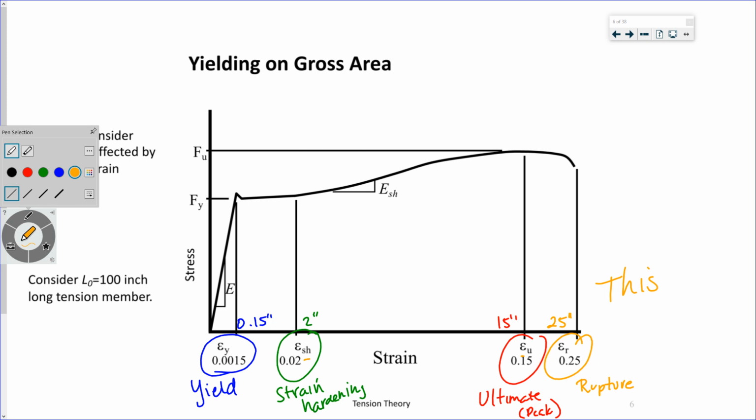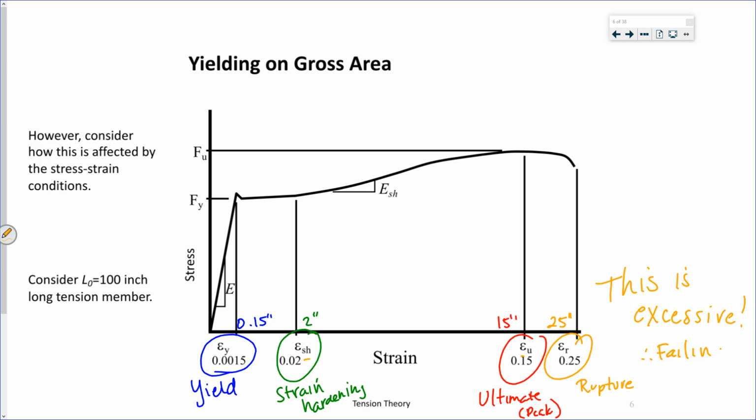So I'd say this is excessive. Right, these two. What am I trying to do? These two, they're pretty excessive.